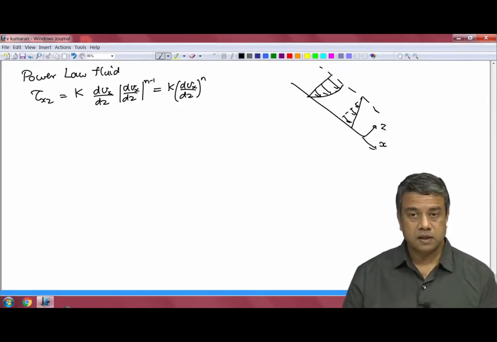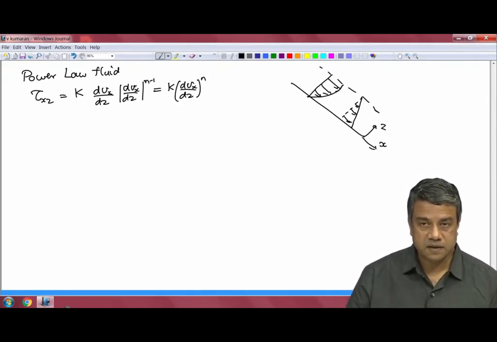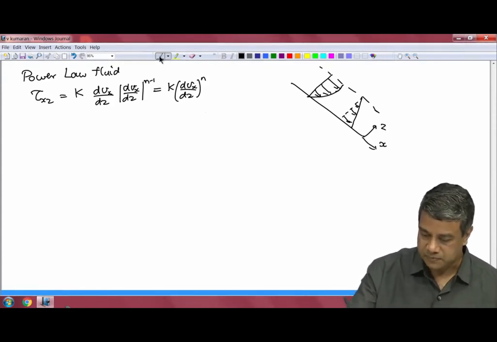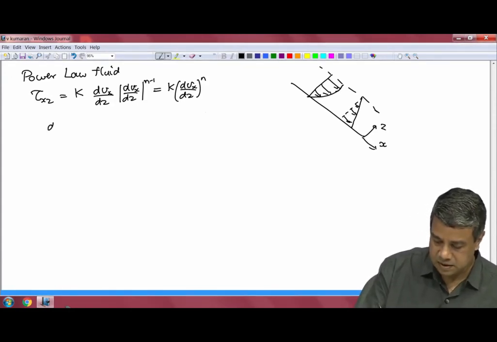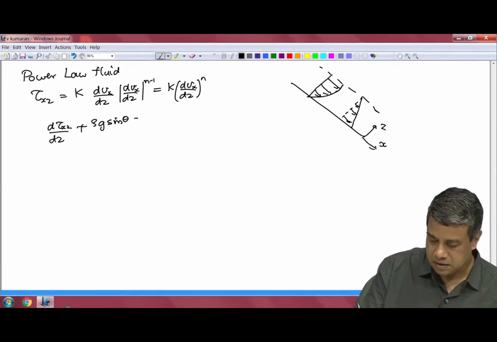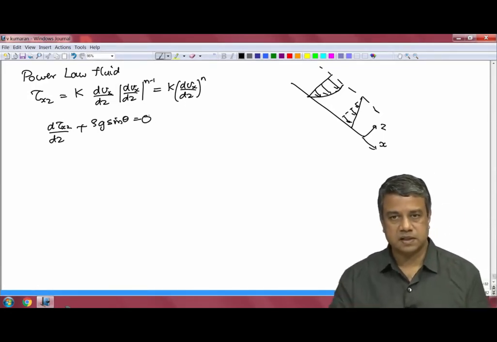The point to note is that the expression for the stress still remains the same. If you recall, d tau xz by dz plus rho g sin theta is equal to 0 was the expression for the stress.